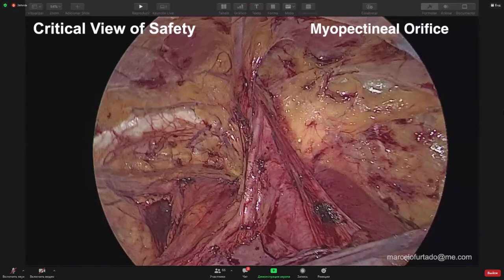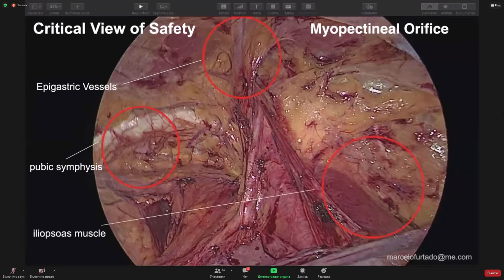I think in this picture we can show the region totally dissected. In this space, you can put a large mesh, something like 15 by 15, when it is dissected like this. And the important landmarks: the epigastric vessels in this place, in the middle part the pubic symphysis, and in the lateral part the iliopsoas muscle.